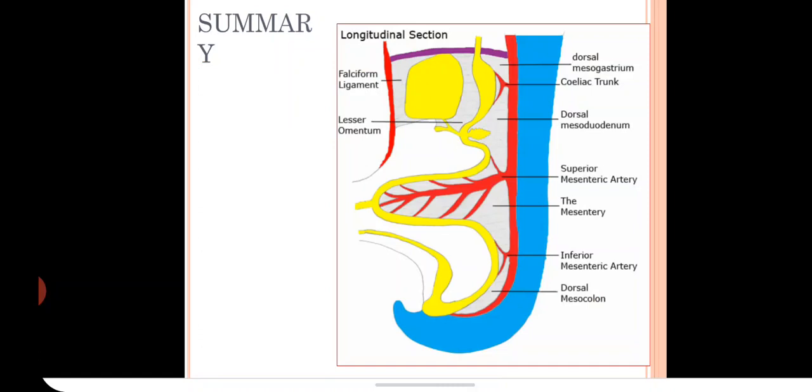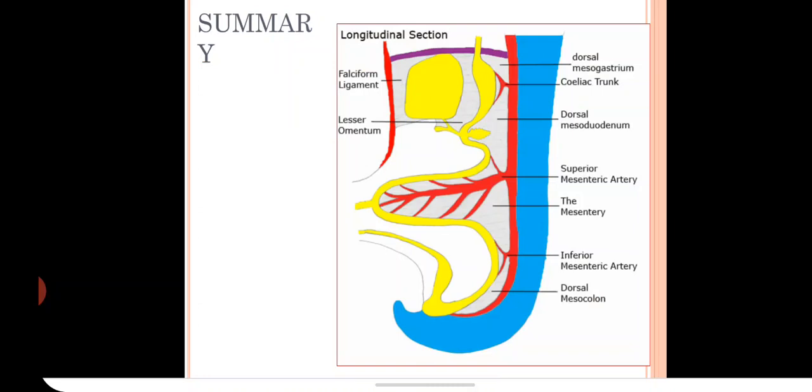When it returns through the umbilical ring into the abdomen, the remaining 180-degree anti-clockwise rotation happens, so that a total 270-degree anti-clockwise rotation of the midgut has happened, and in the last stage there will be the fixation of the mesentery of the midgut. And we saw that many abnormalities in this midgut rotation may happen: malrotation, non-rotation, vitellointestinal duct abnormalities, or the total midgut loop lying outside.